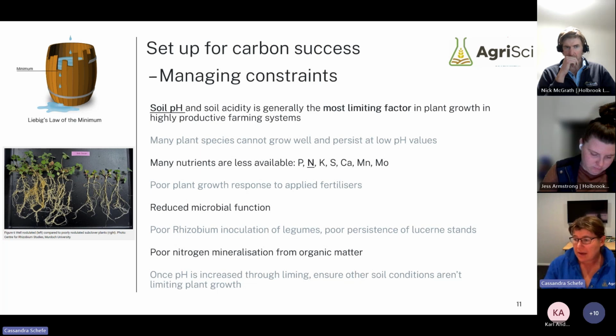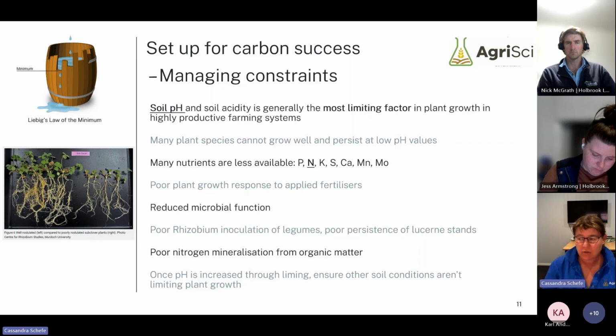What we know, and this is not new, this is very well accepted, we know that many plant species, particularly the ones that we want in our systems, so our productive pasture species and our crop species, can't grow well and persist at low pH values. We know our legumes, our lucernes, even our phalaris, subclovers, a lot of those will struggle once we get down to those values. We also know that many nutrients are less available as we go to low pHs.